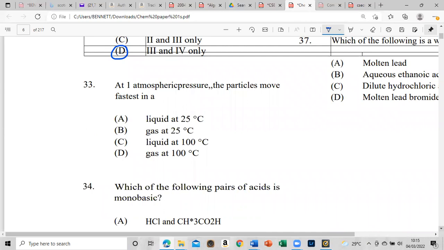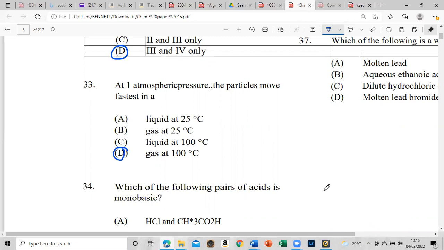At 1 atmospheric pressure, the particle moves the fastest in A, liquid at 25 degrees, B, gas at 25 degrees, C, liquid at 100 degrees, or D, gas at 100 degrees. And that is D, gas at 100 degrees.